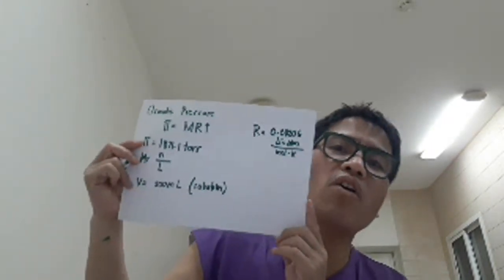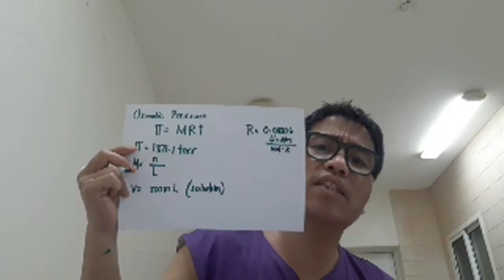So it is understood in the problem that we already memorized R, or we can derive it through the PV = nRT equation. R is equal to 0.08206 liter atmosphere per mole Kelvin. So we have now R, which is our constant, the universal gas constant.